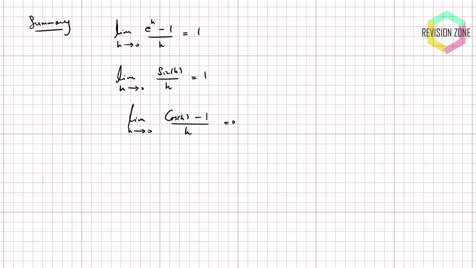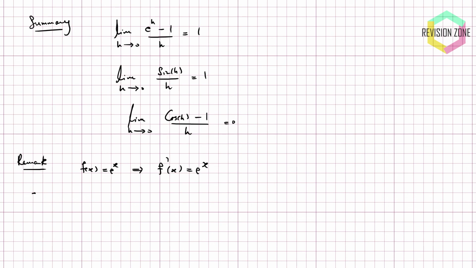Just to make a connection, I'll make a remark here. In the last video, we differentiated the function e to the x, and we showed that the derivative was e to the x, but we did it all graphically, right? But now that we know the limit, we can do it formally.